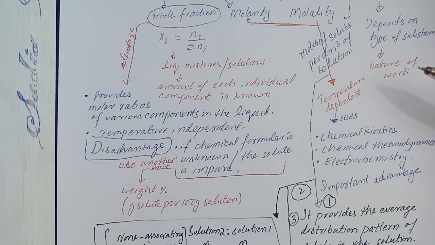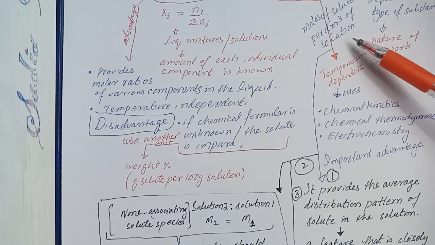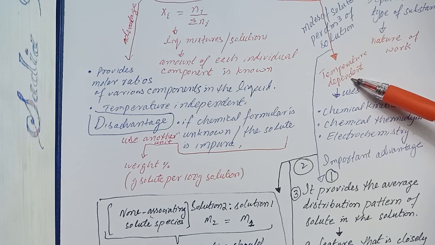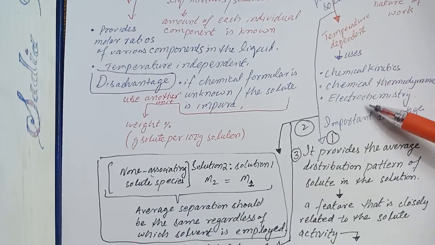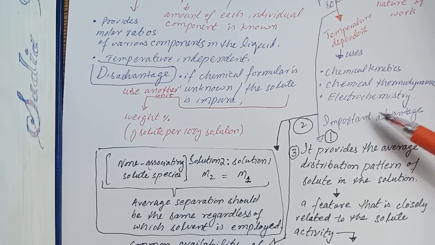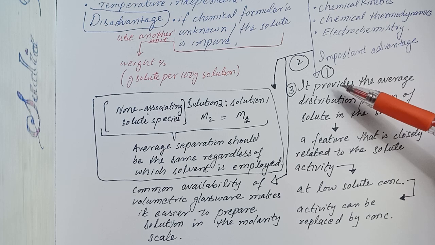So these discussions were for molarity. Molarity is the moles of solute per decimeter cube of solution, which is temperature dependent, and it is mostly used in chemical kinetics, chemical thermodynamics, and electrochemistry. It possesses three important advantages.